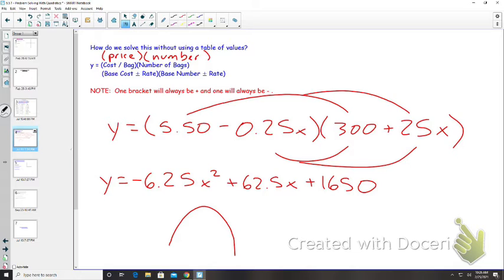Maximum, and that makes sense. In this case, what's our vertex going to be? What was our maximum value from our table of values? 1806.